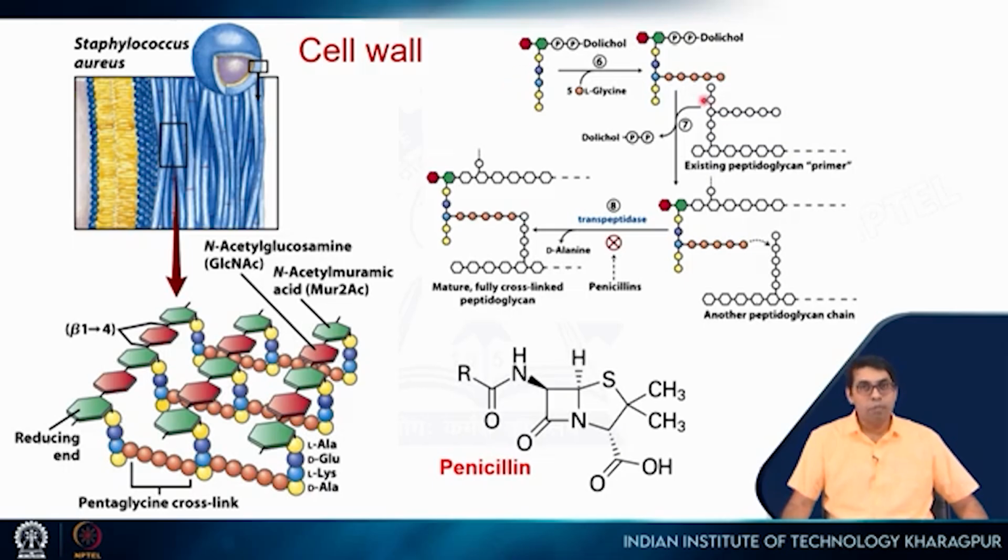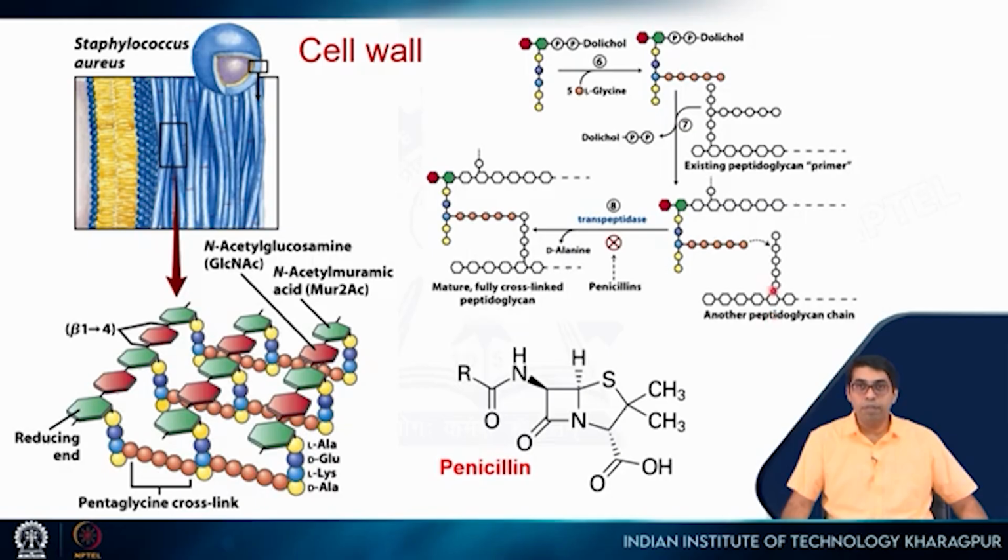There is this whole biosynthetic pathway by which the cell wall is synthesized. I will focus only on the last part. What we have is this polysaccharide chain, shown here. From there, this is hanging out, and this is the pentaglycine.